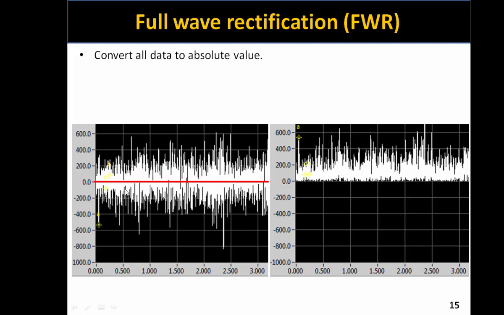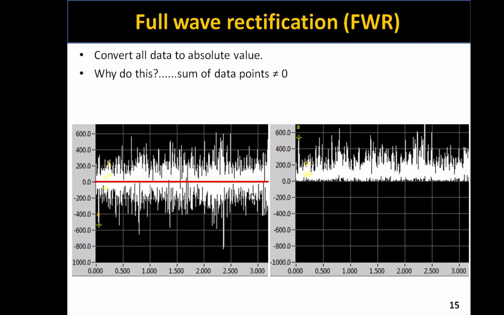We have a number of negative values, and full wave rectification is a mathematical process where every single collected data point is converted to its absolute value. Because if we add up all the positives and all the negatives on the raw EMG signal, it will sum to 0, suggesting that there's no EMG, but we know that's actually not true.